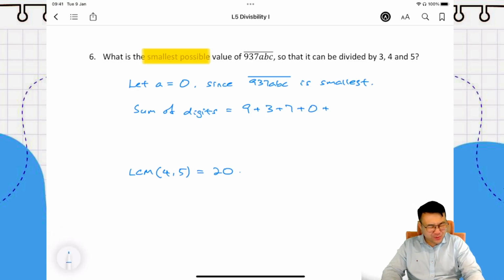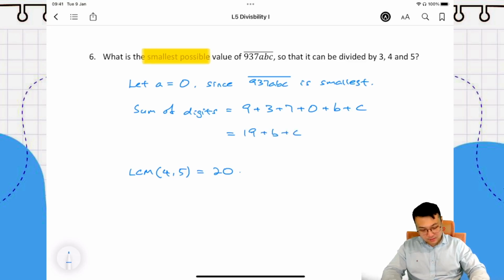We don't really know whether we want B and C to be 20 or 00, right? We don't know what we want it to be yet. So can we just leave it as B and C first? Okay, what do you get? We get 19 plus B plus C.